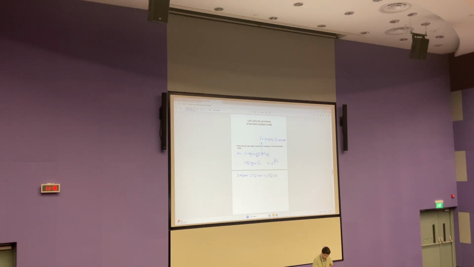I can first write it as this one, inserting a UU dagger here, which is just equal to identity. This part is still the vacuum state, because the vacuum doesn't have anything for the operation to act on. You can also check by the definition of U, because U has an F on the right, so if you act on the vacuum, it just gives 0. That's why it still gives me the vacuum.